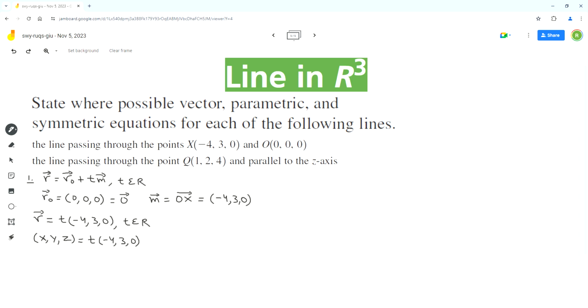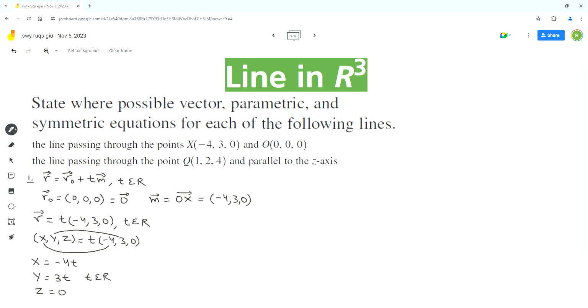For the x equation, we'll use the x component. Now we can write the y equation. So we use the y component, and now we can write the z equation using the z component. So these are the parametric equations of the line.